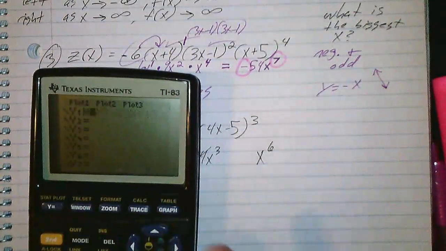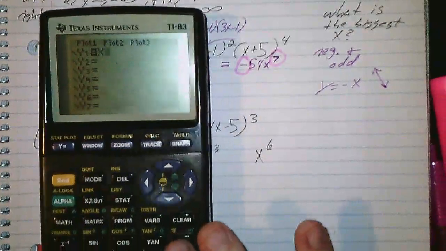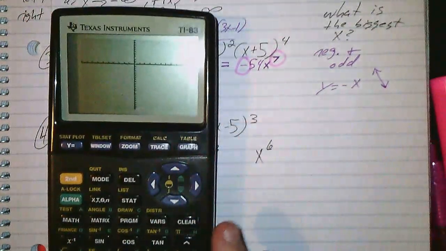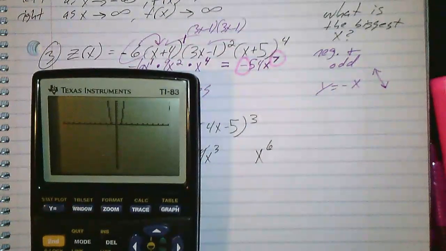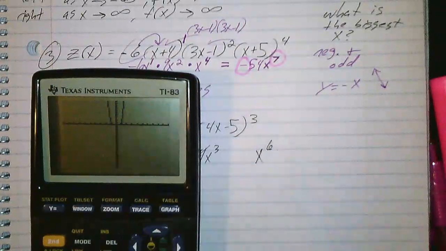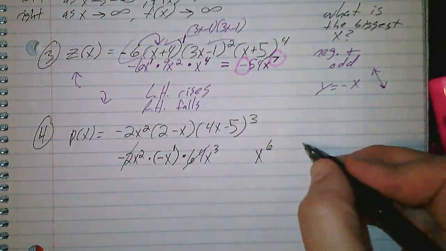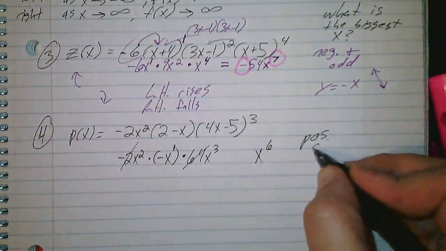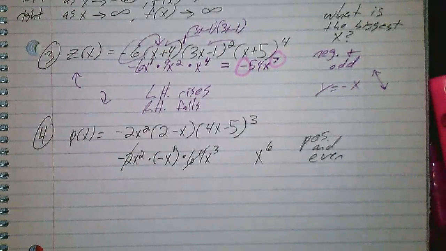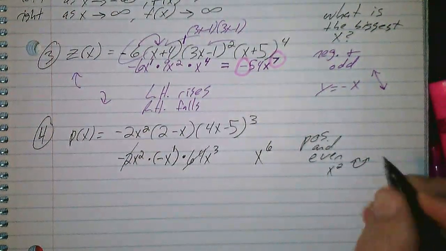And if we want to raise to any power, we use this little arrow button, x to the 6th. We got this U shape going up from left to right, because here we are positive and even on the exponent, which is just like x squared, which makes a U shape.